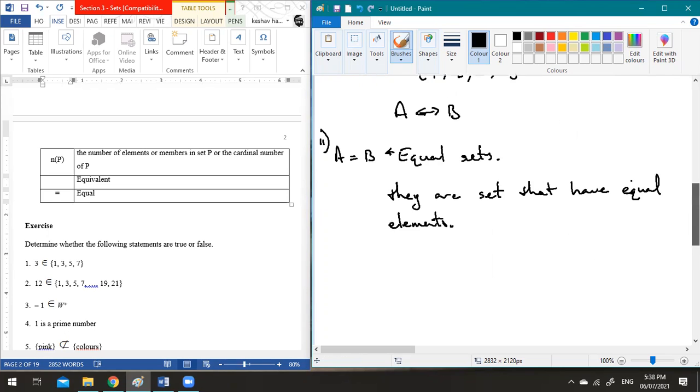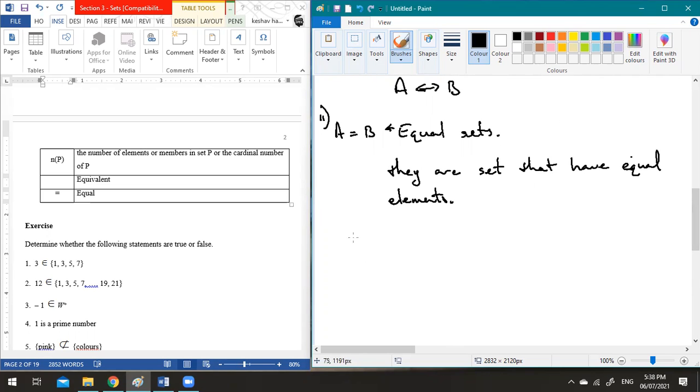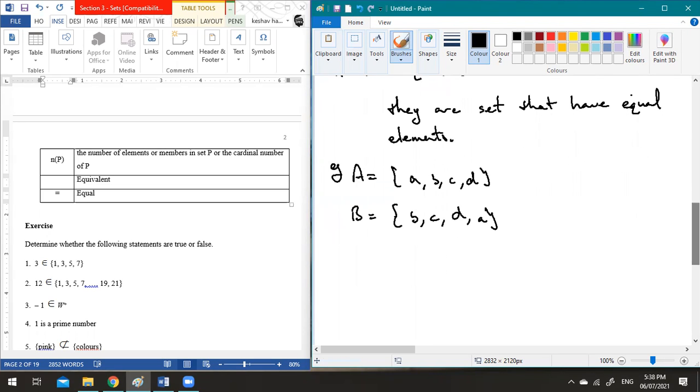So when I say equal, they have the exact same elements. So for example, if A represents A, B, C, D, and B represents B, C, D, A, you can see that all the elements are the same, even though they're in different positions, they would still be the same. So A will be equal to B.